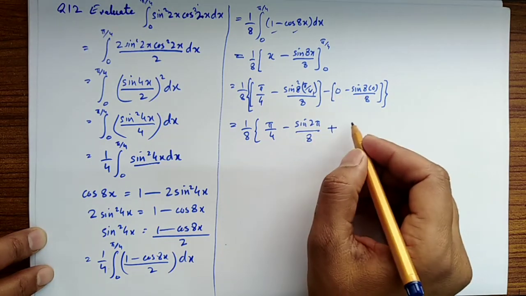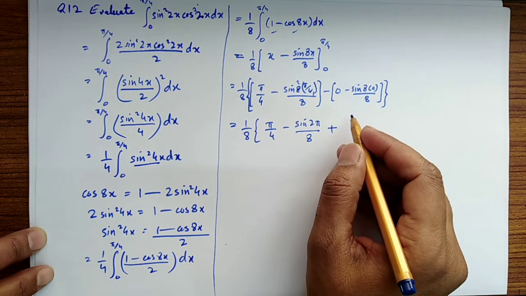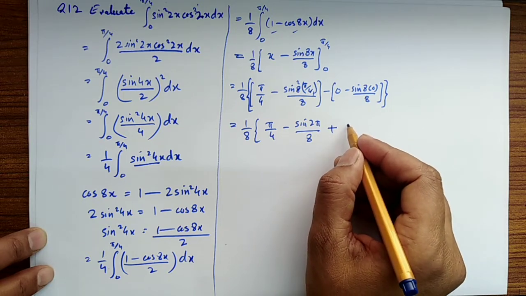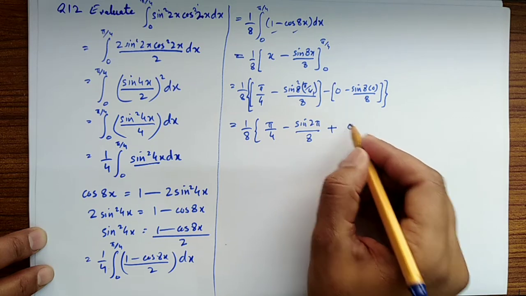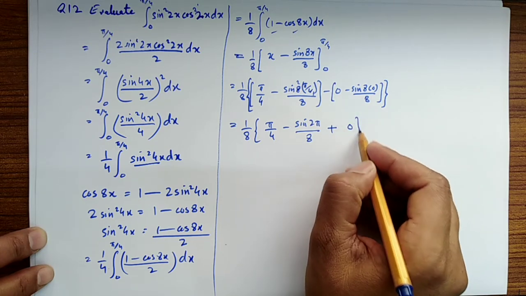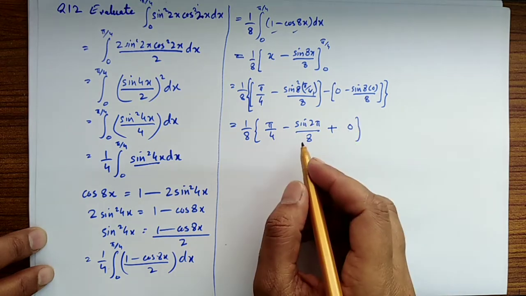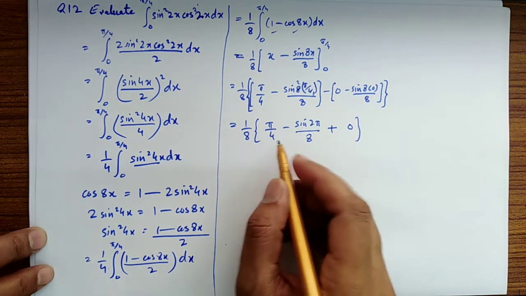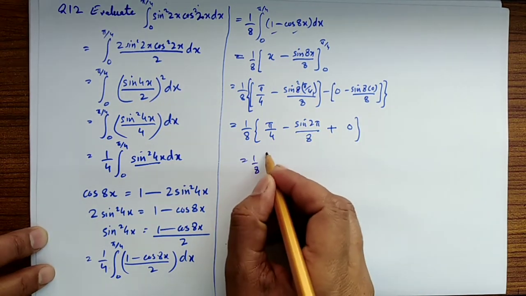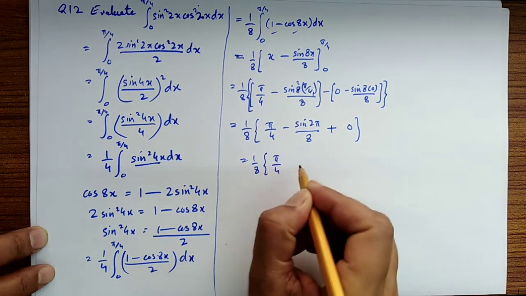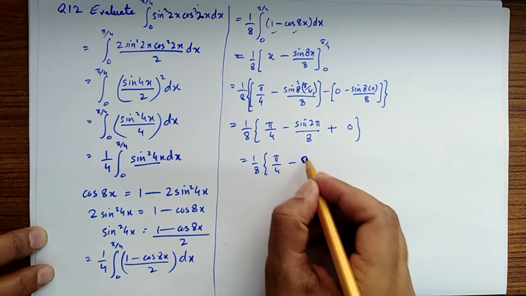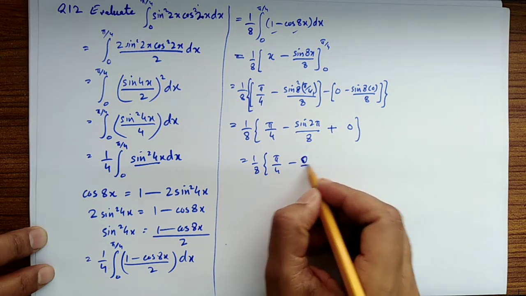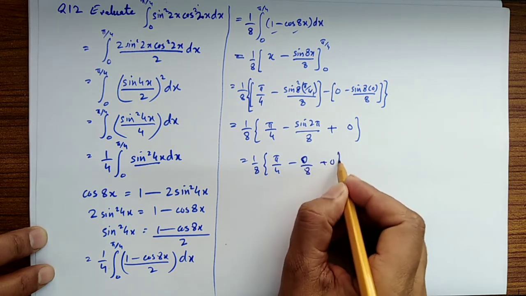The lower limit gives sine 0, which is 0, and 0 upon 8 is 0, so this whole part becomes 0. And what about this part? 1 upon 8, pi upon 4 minus sine 2 pi, which is 0, upon 8, plus 0.